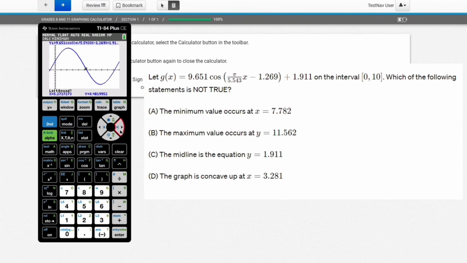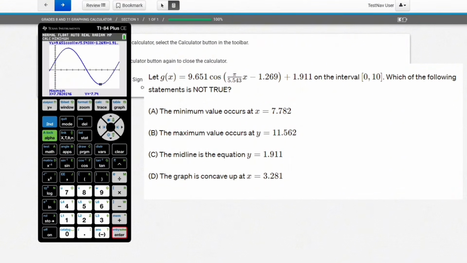In order to calculate the minimum, we move my cursor just to the left of the minimum, and then just to the right of the minimum for right bound. Guess is always enter. I've never seen a time where it's not that. And my minimum occurs at x equals 7.782. So A is true. That's not the lie. A is not the one I want.